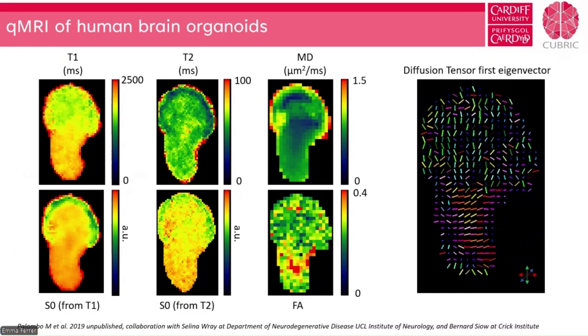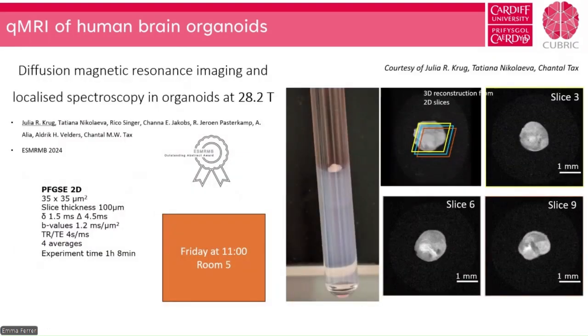This was, let's say, the brother, and this organoid had also a little ventricle here with free water, and a different organization of the cortex, and then you could follow fibers going down in this area with higher fractional anisotropy.